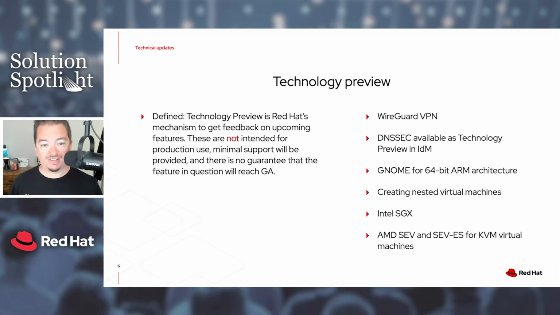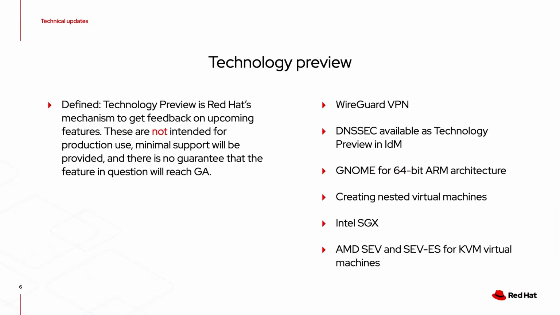Nested virtual machines, hugely beneficial for managing a small lab environment or maybe a development environment, as well as improvements to some of our zero trust architecture around Intel SGX and AMD SEV and SEV-ES in the KVM virtual machine space. So a lot of functionality in tech preview in RHEL 9.